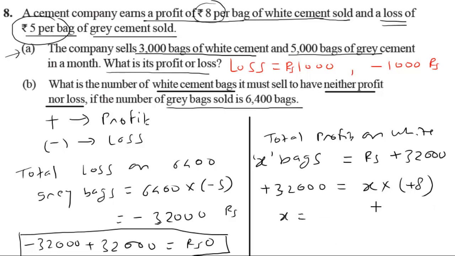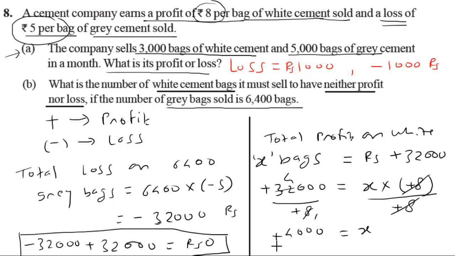We have to divide both sides by 8 to get the value of X. The plus 8 and plus 8 get cancelled, and plus divided by plus gives plus. 32 divided by 8 is 4, so 4,000.